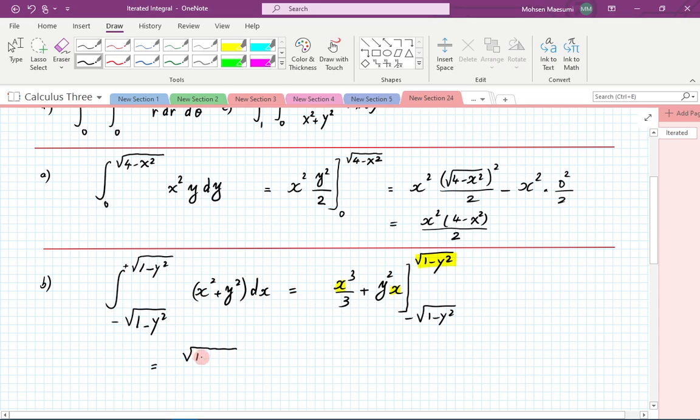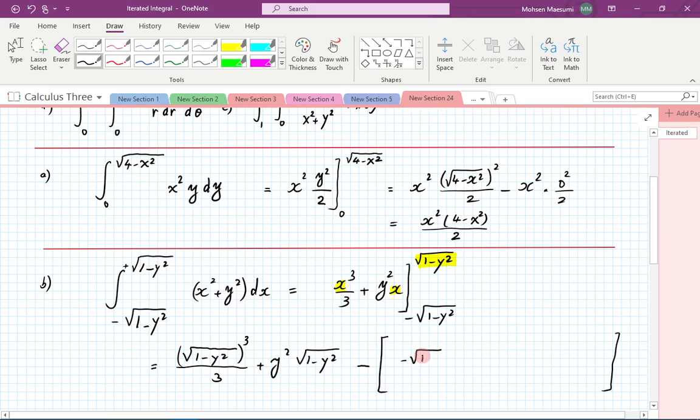From here on it's just basic algebra. So that radical has to be cubed over 3, and then y squared times that radical. Okay, so this is the starting value, and then we have to subtract what we have at the bottom value. To make sure we don't make a mistake with signs, just put all of that in one big bracket to be subtracted. And now I substitute.